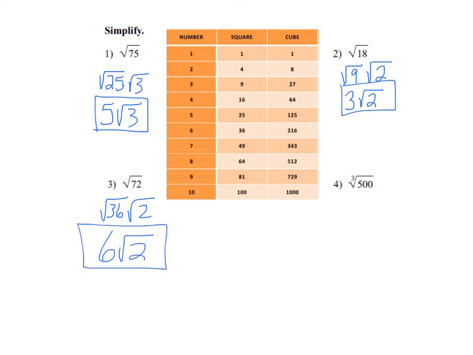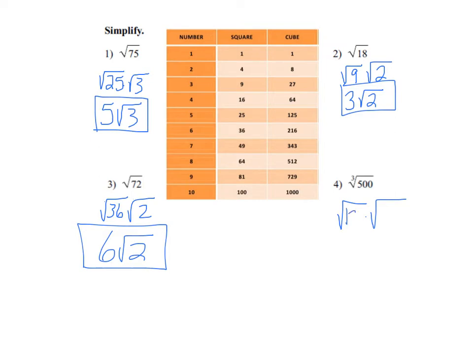Okay, so on number 4 now, this one we're doing a perfect cube. So now when I break it down, I'm not looking to put a perfect square in there, I'm trying to put a perfect cube in there. So I look at my list of perfect cubes and try to figure out what goes into 500. I'm guessing maybe 125 does. And you can use your calculator to help you a little bit, but 125 is going to go into 500 4 times.